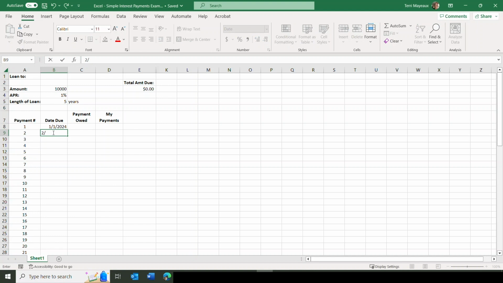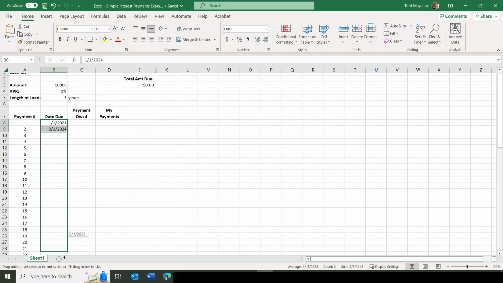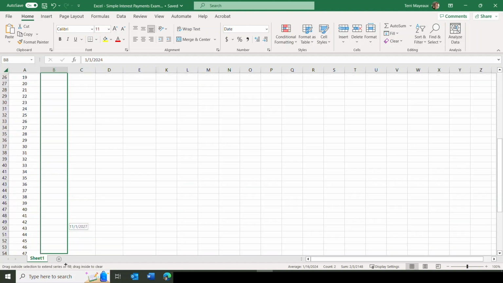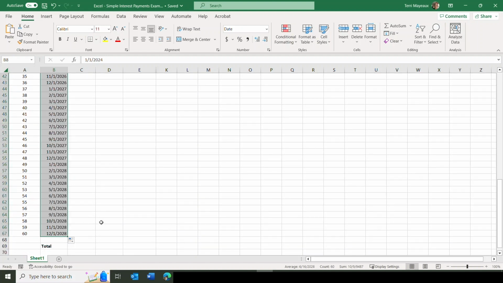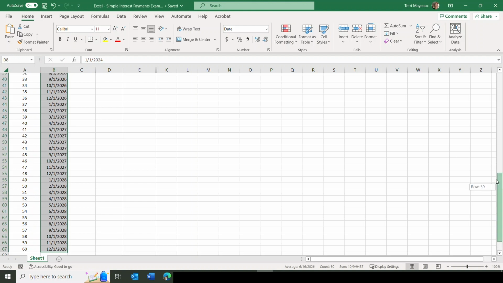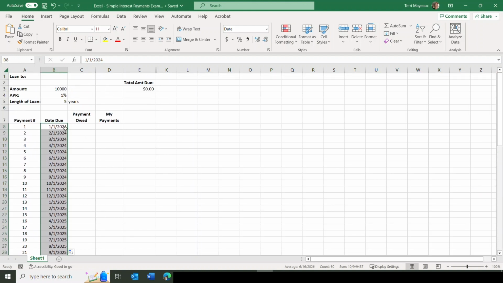So if I put 2/1/2024, then I'm showing that really it's just once every month. And so I can find the fill handle once I've selected those 2 cells and very quickly click and drag down to payment 60, which will end in 2028. Yay! Something to look forward to.